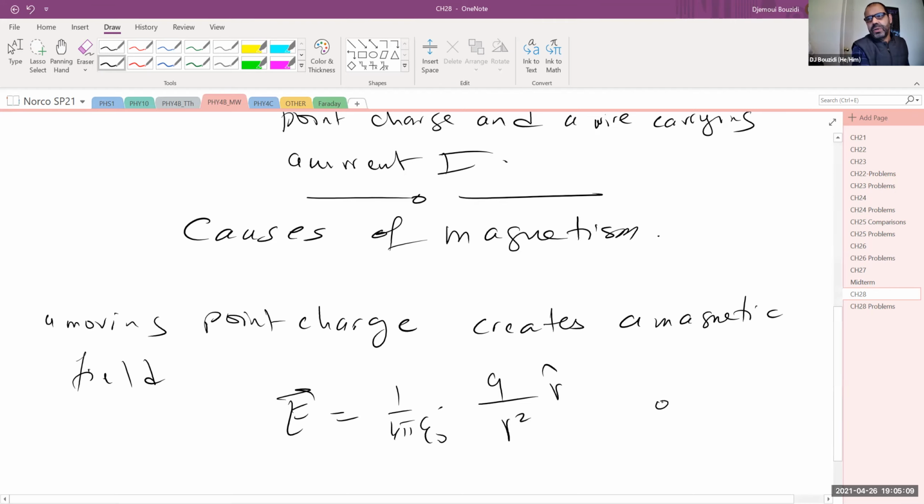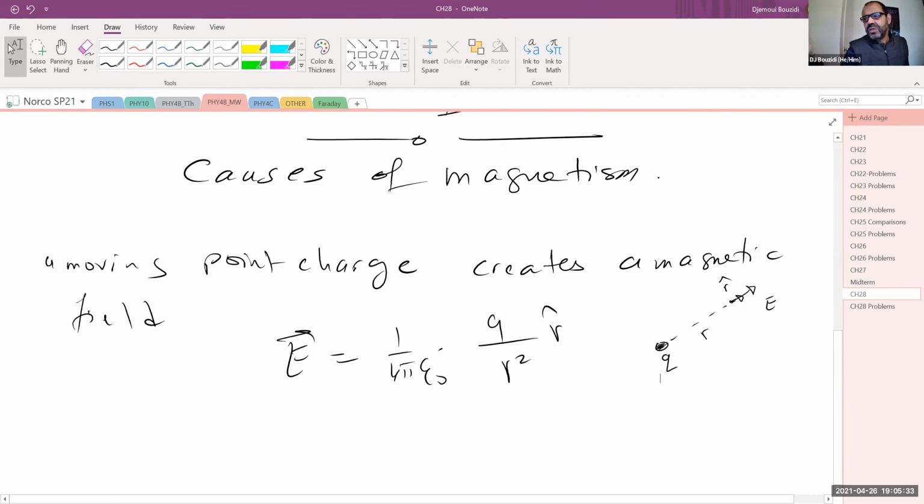Imagine there is a point charge sitting in space. It doesn't have to be moving. Then you want to find the electric field at this point. This is the distance r, and this is r hat, the unit vector. So the electrostatic field is given that way, assuming Q is positive. If Q is negative, the electric field points in the opposite direction. The sign of Q takes care of that.